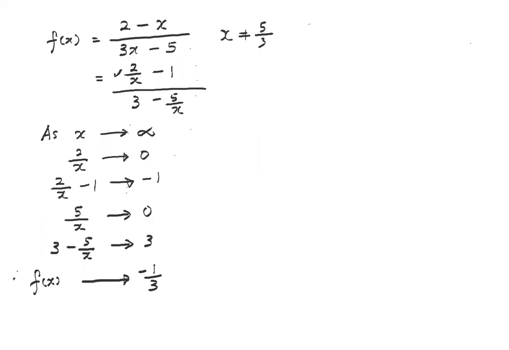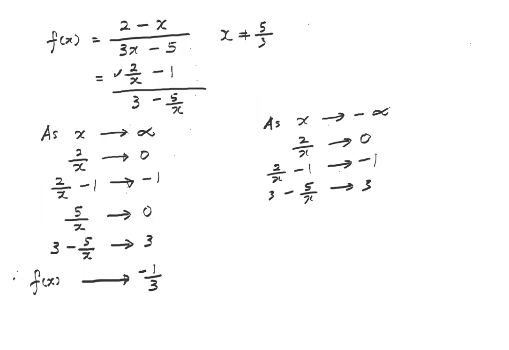So can I move to the graph? So as x tends toward negative infinity, go term by term, 2 over x will tend toward 0 as well. So 2 over x minus 1 will tend toward negative 1. 3 minus 5 over x will tend toward 3. So therefore, my f(x) will tend toward negative 1 over 3. So this is the horizontal asymptote.